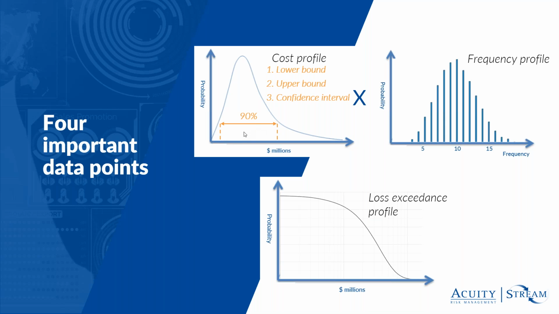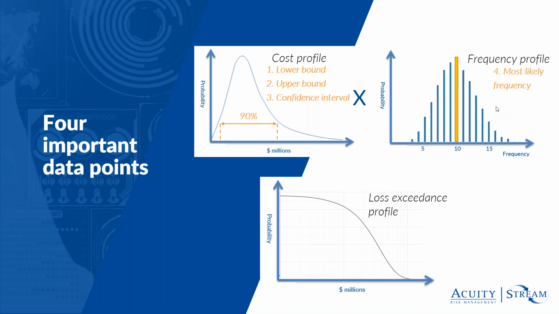So in 90% of the cases, if we have a ransomware attack breach, we think the cost could be between 40 million and 90 or 100 million dollars. Then that's sufficient information to allow us to understand this distribution. So there are 3 data points there.